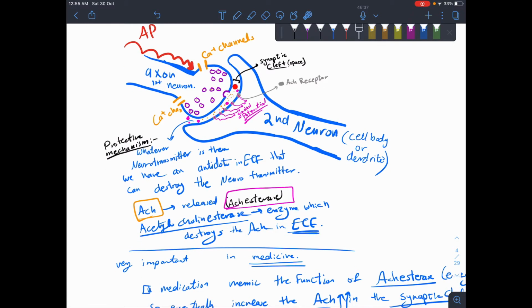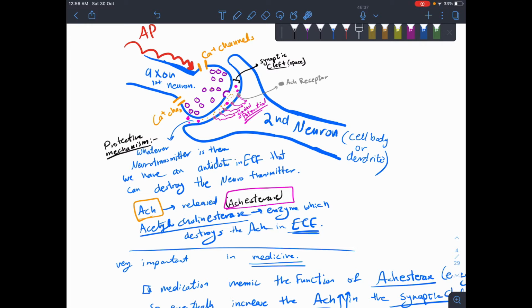So when the neurotransmitter is released, whatever it is, let's talk about, for example, if all the orange dots are acetylcholine. Put that in your mind. It's very common.